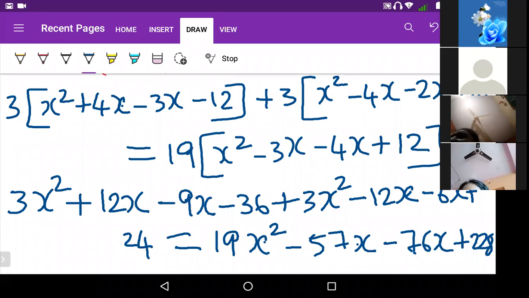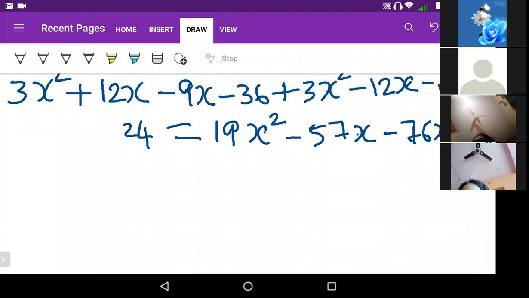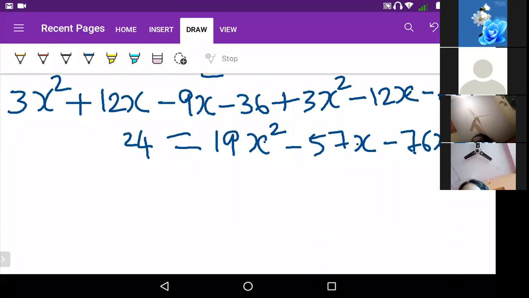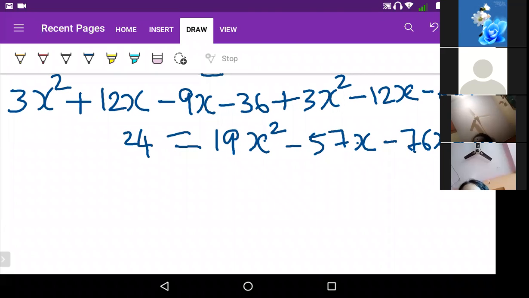Okay, so after multiplying whatever numbers we had, we end up with this equation here. Now in the next step, what we are going to do is reduce this equation from LHS and RHS also. Now if you see LHS, you have 3x square and 3x square, correct?